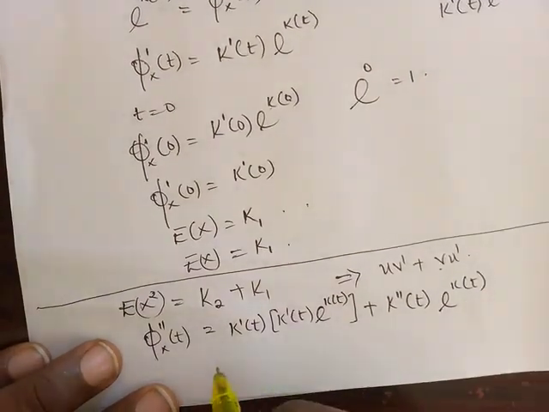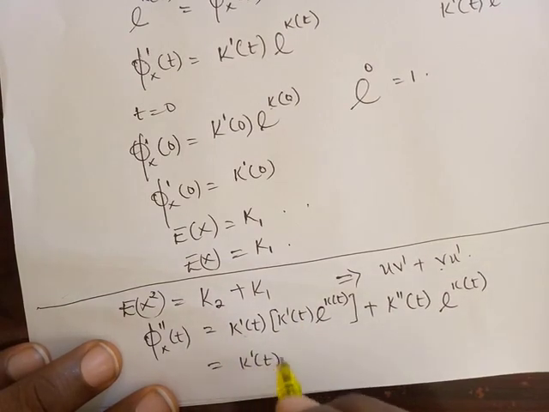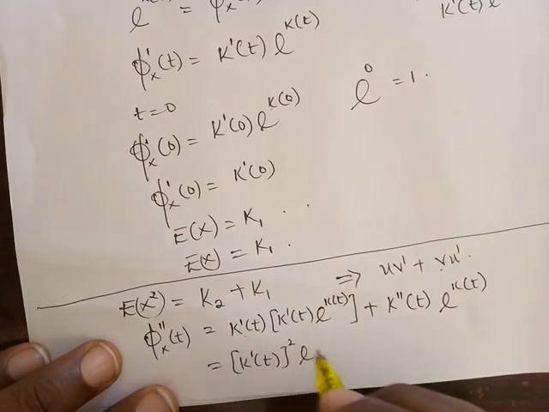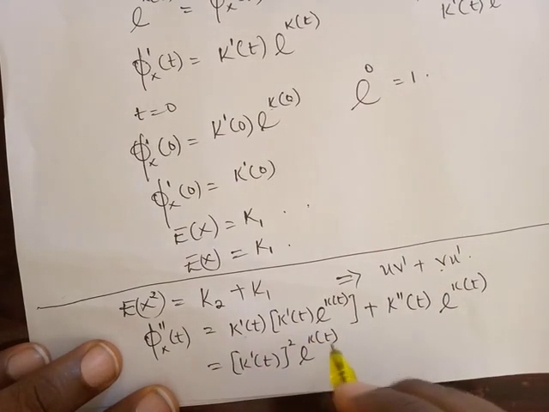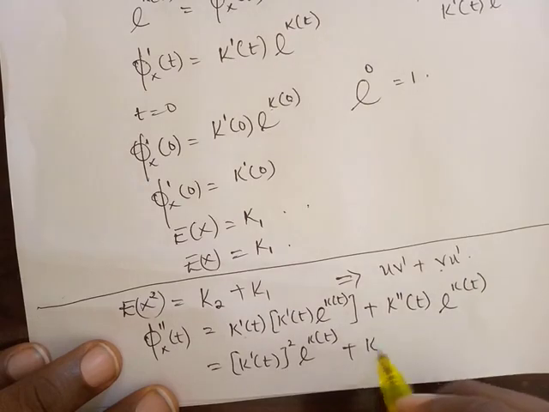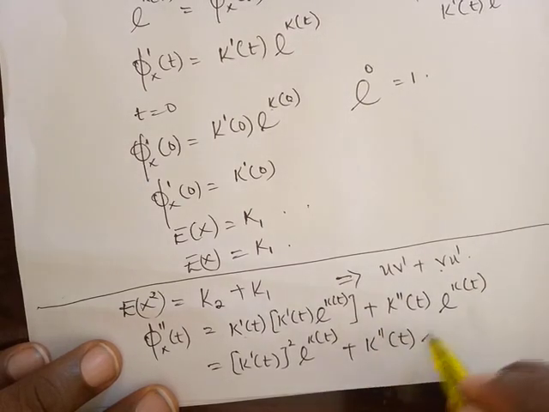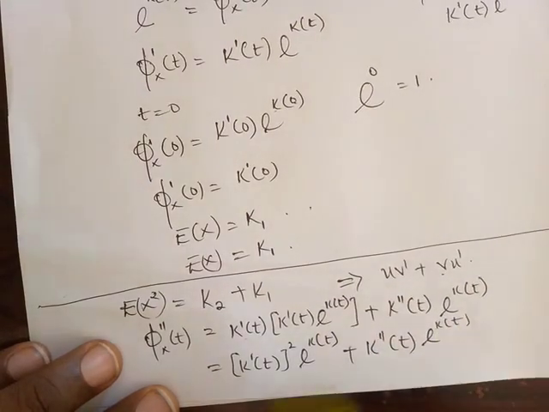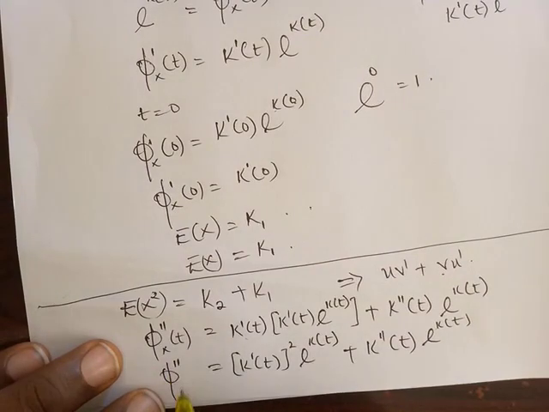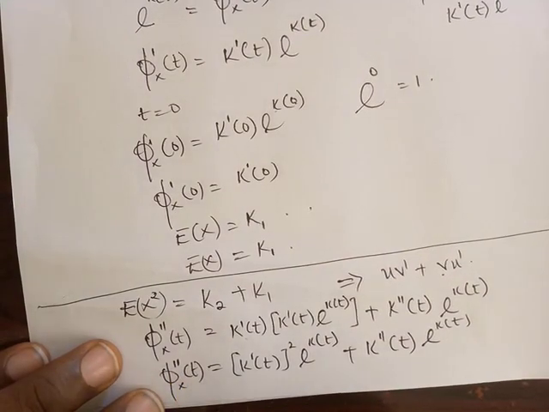So this is what we're having. Now we'll multiply these two inside: K prime(t) times K prime(t), we're having K prime(t) all squared exponential K(t), plus K double prime(t) exponential K(t). This is equal to phi double prime X(t).